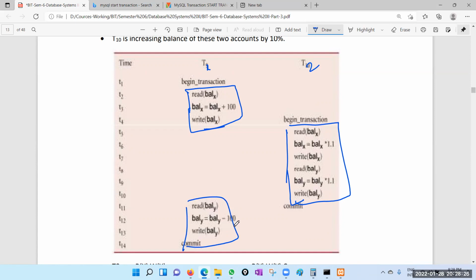So definitely it is not serial. Serial means after T1, T2. This is a bit of T1, T2, a bit of T2, the rest of T1. So this is not a serial schedule. But we want to check whether this is result equivalent to a serial schedule.